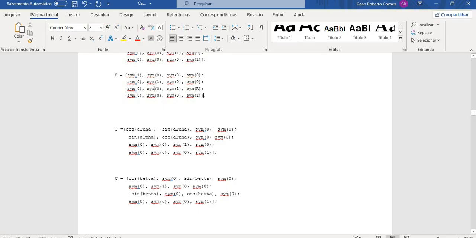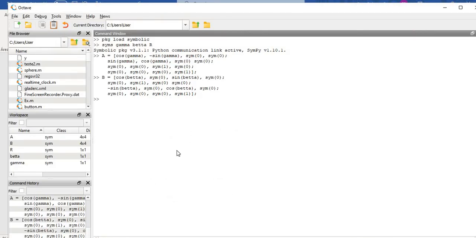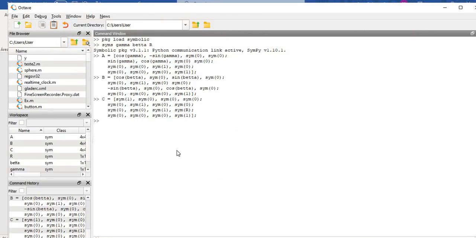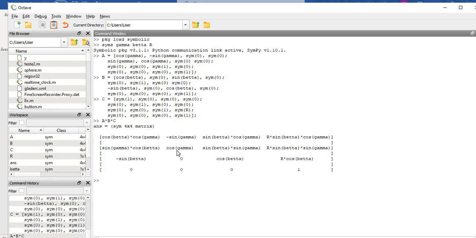So let's copy and paste on Octave. Nice. Now let's multiply them, and let me compare with the book and see if we are correct.